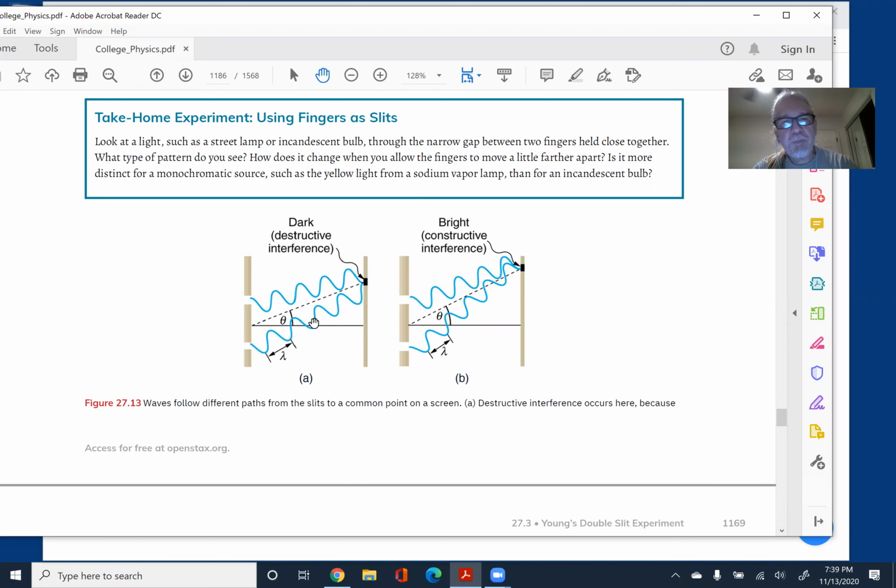And there will be other places where the two wave trains are completely out of sync, as shown here. One has a maximum, one has a minimum, and you get a dark spot instead. And it's figuring out at what positions you get the dark and the bright spots that will be the next argument and the next calculation we do.